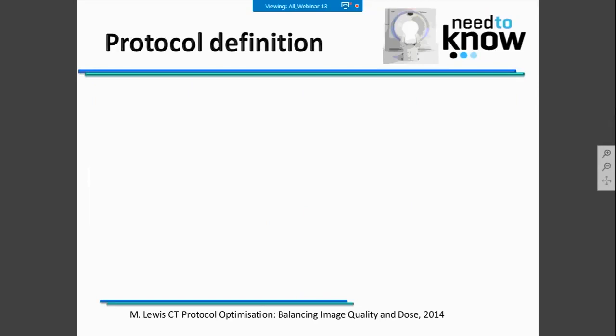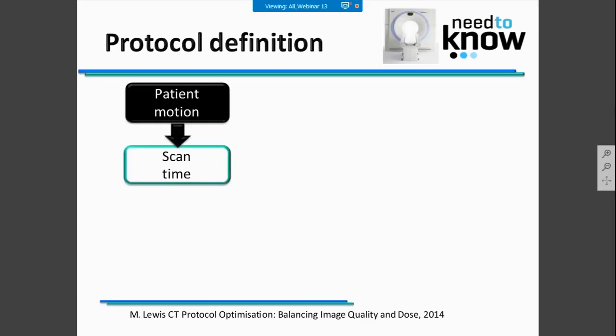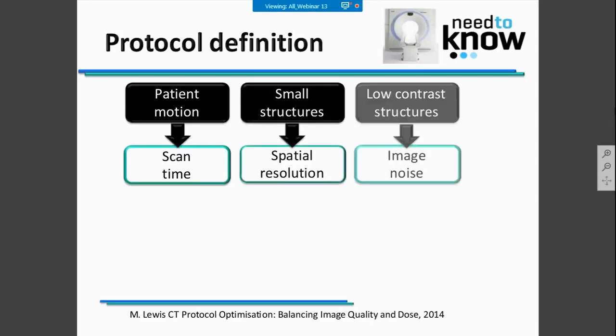The definition of protocol is something you read about, and you know there are a lot of papers that talk about it, but you need to adapt it to your specific scanner. You need to know how your equipment works. And with this, we are prepared to adapt the protocol to patient motion, to small structures, and to low contrast structures.